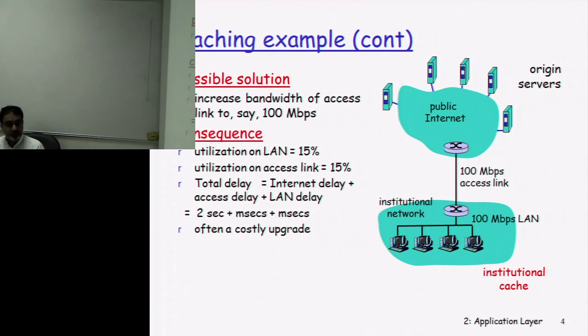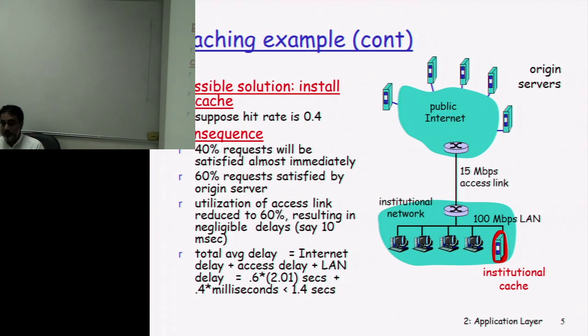But definitely here we have to invest in the cache server. You have to buy a new machine, a server computer, and configure it as a cache server. So it can be done.